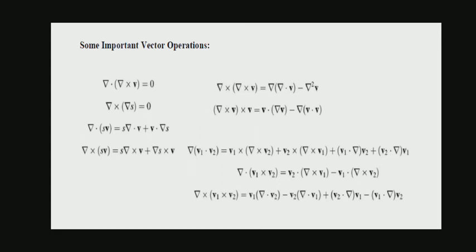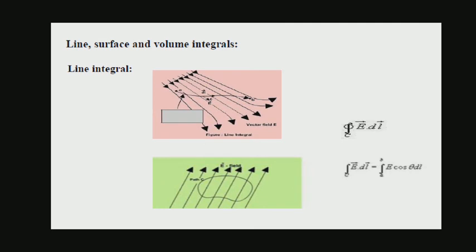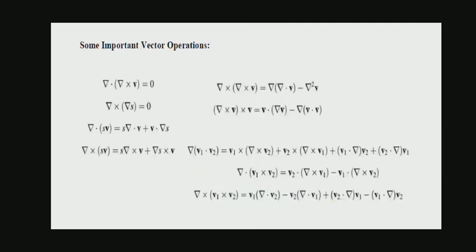Next, del into v1 dot v2, that is v1 cross del cross v2 plus v2 cross del cross v1 plus v1 dot del into v2 plus v2 dot del into v1, that is del dot v1 cross v2 is equal to v2 dot del cross v1 minus v1 dot del cross v2.